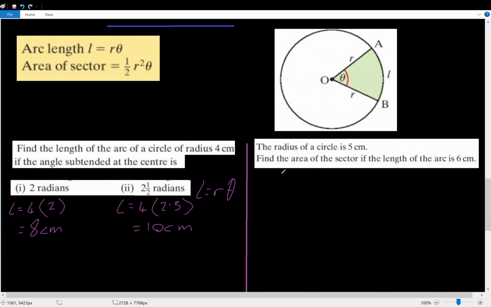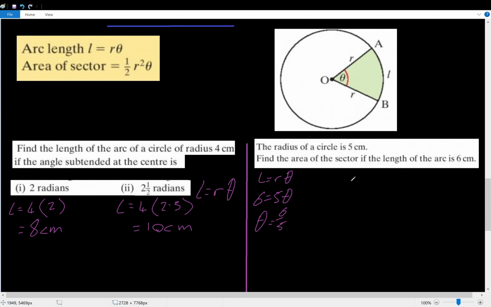We've got to find out the angle in the middle for this, because our formula here requires theta, and we haven't been given theta yet. But we do know that L is equal to r theta, and we've been given the length of the arc, it's 6, and we've been given the radius, which is 5. So 6 is equal to 5 theta, which means that in this case, theta is equal to 6/5, like that. So that's the angle in the middle, it's 6/5 radians.